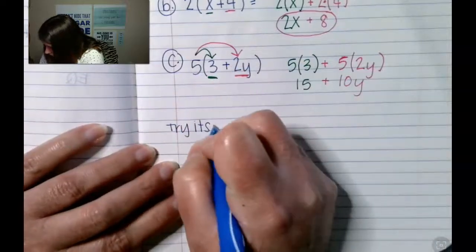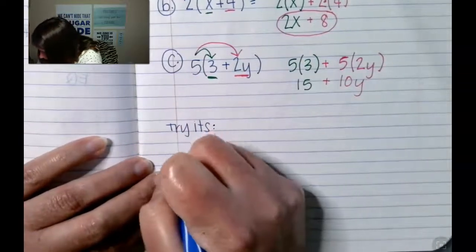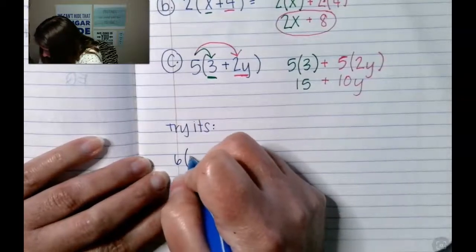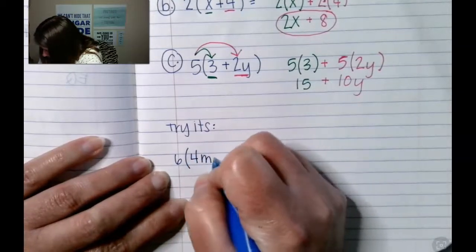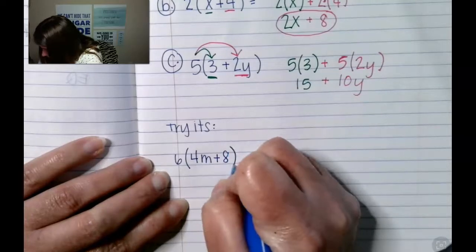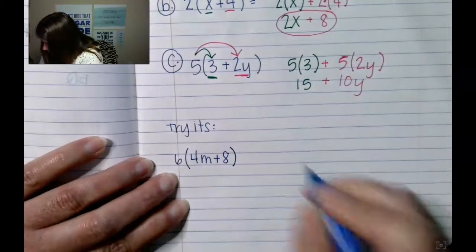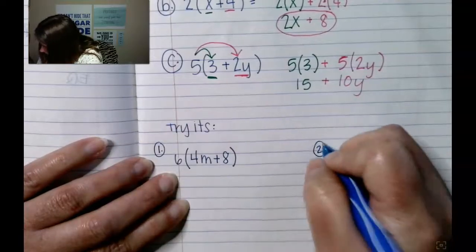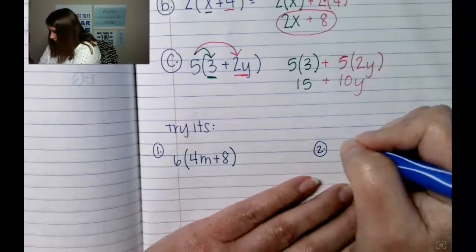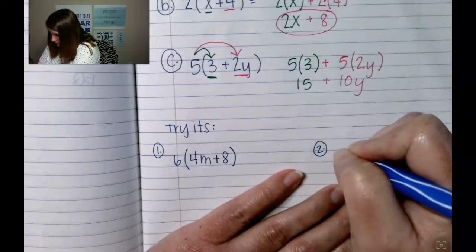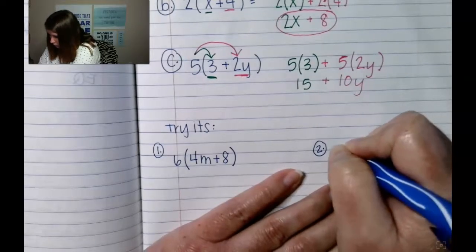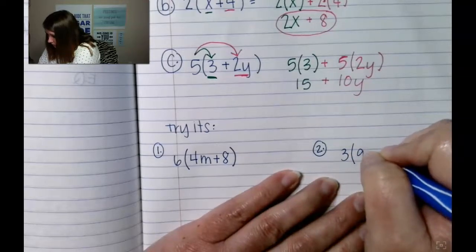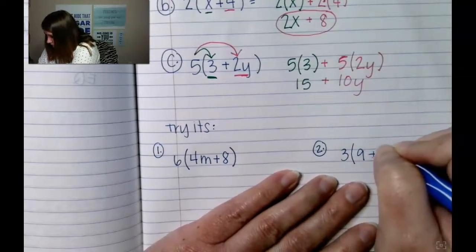Your try-its for today are 6 times 4m plus 8, and then another try-it: 3 groups of 9 plus 5n.